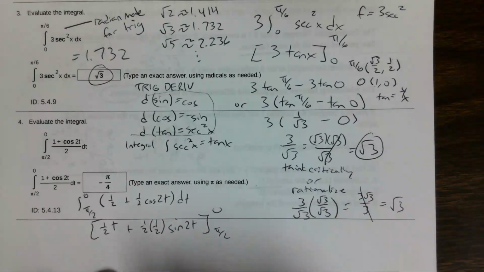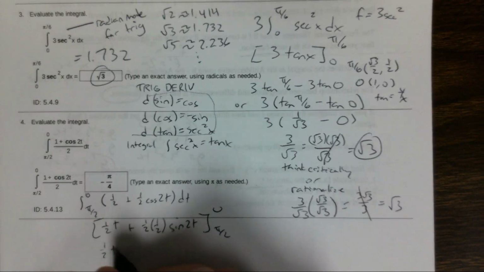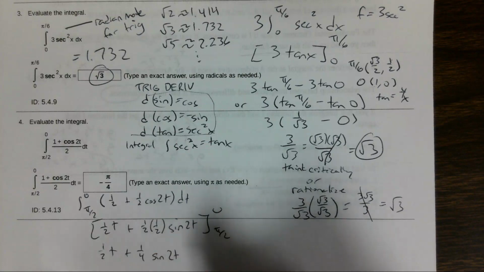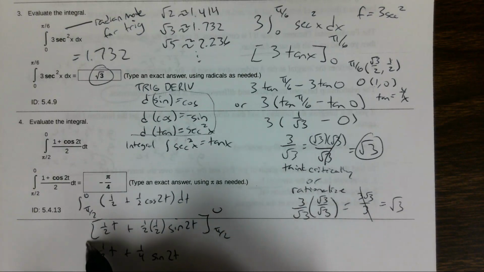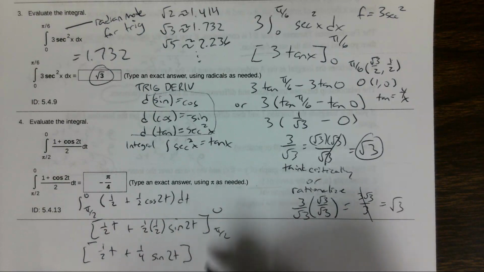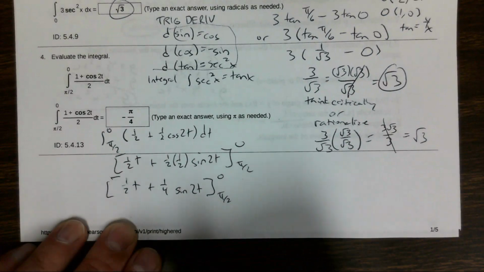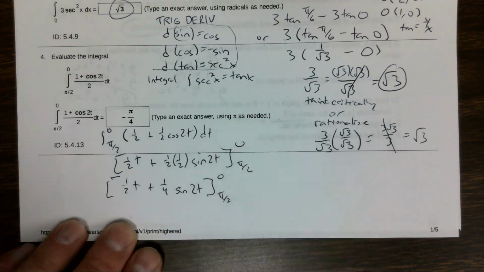And so that gives you 1/2 t plus 1/4 sine 2t, and you're going from pi halves to 0. Now remember, if you really wanted to, you could say a negative sign out in front and put 0 to 2 pi.